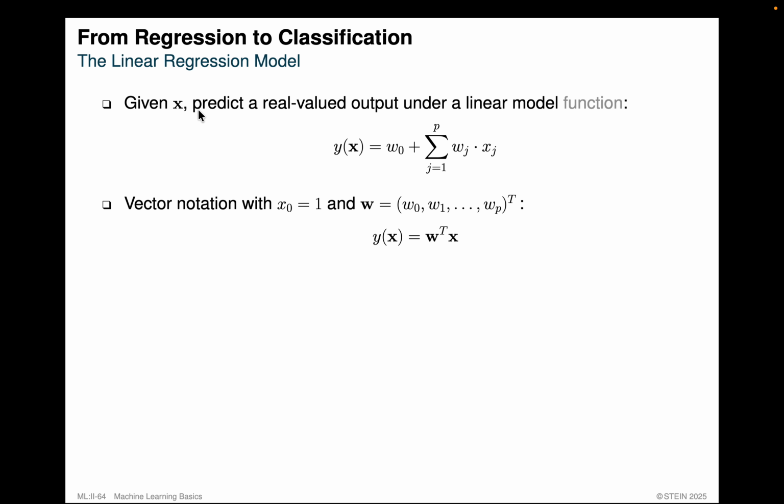The feature vector is already given as a vector. It is just decomposed here into its features with the linear model function. Here we leave it as a vector and just multiply it with the transpose of a weight vector. And that weight vector simply compiles all the weights of the linear model function as well as the weight w0.